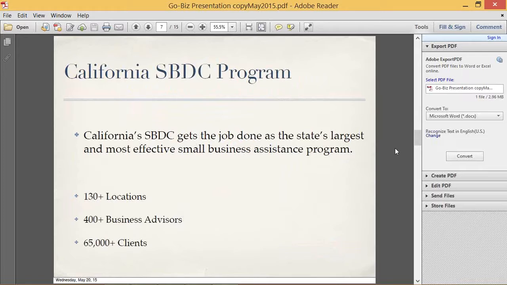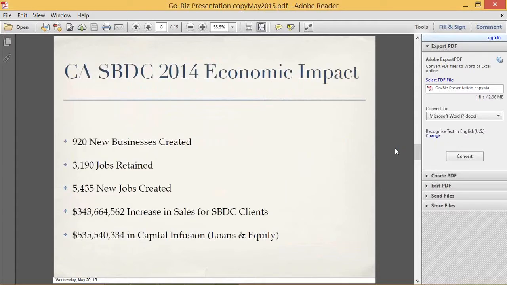California's SBDC program will get the job done. We are the state's largest and most effective small business assistance program. There are over 130 locations, 400 plus business advisors, and last year we saw and touched 65,000 plus clients through training and business consulting.